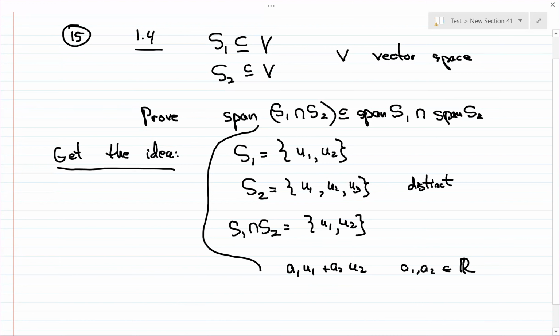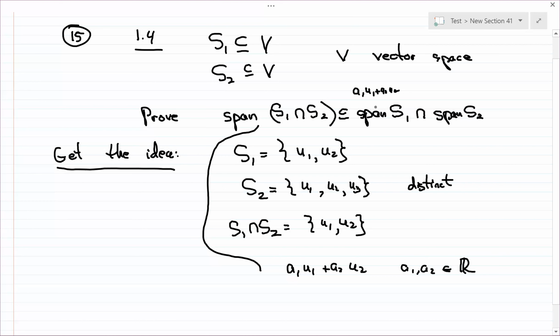Now, the span of S1 would also be linear combinations of these: A1 U1 plus A2 U2, where A1 and A2 are still in R.